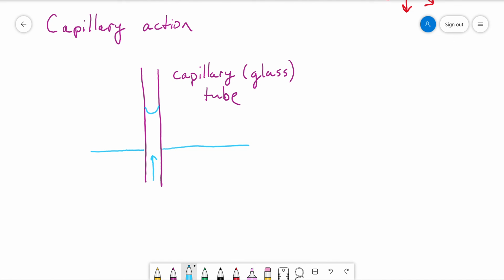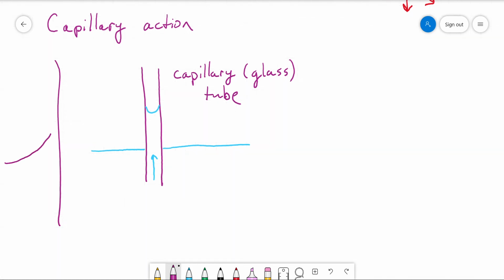And that's because, again, if we zoom in here and look, the water on the edge right here is attracted to the glass and is trying to climb up the glass, and that's happening in 3 dimensions all the way around. So that means all of the water is being pulled up that very narrow diameter tube. Okay?